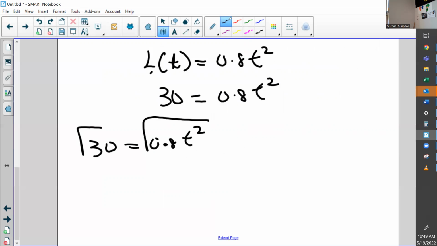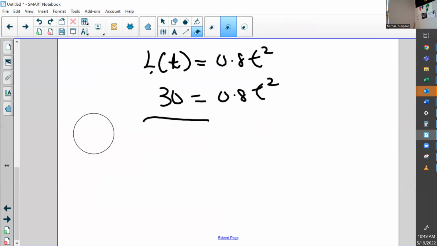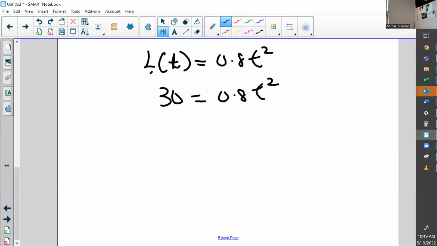Or you could graph this in the calculator, and then see where the line crosses the x-axis. That's one way of doing it. Or just solve for t squared. 30 is equal to 0.8 t squared. Divide both sides by 0.8.